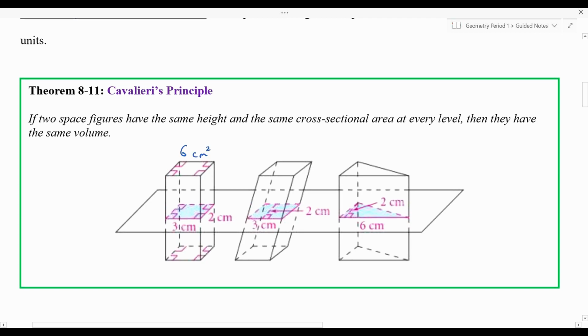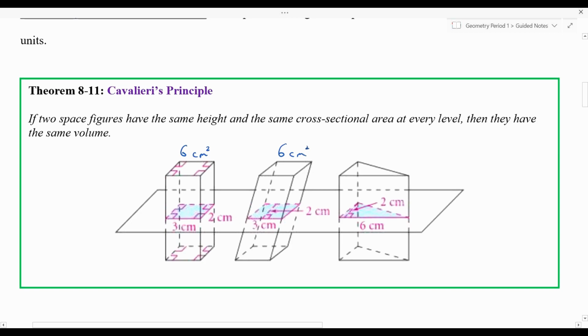Now we take a look at our oblique prism, and the cross-sectional area here is 3 times 2, which is also 6 centimeters squared.